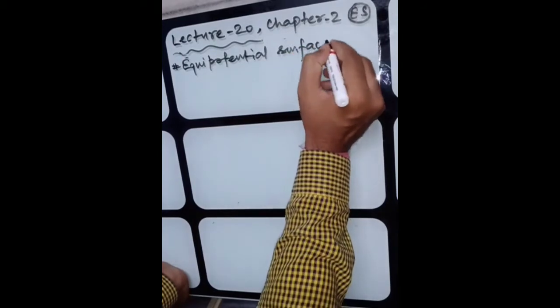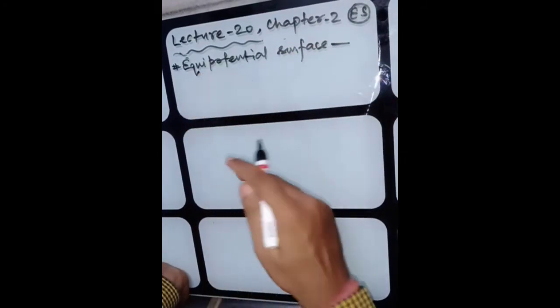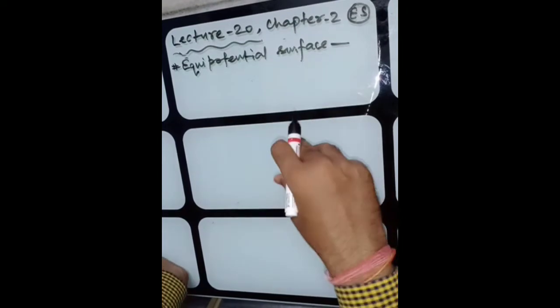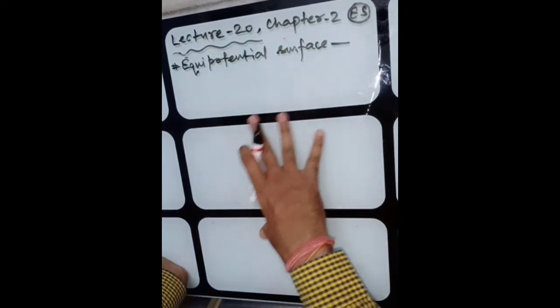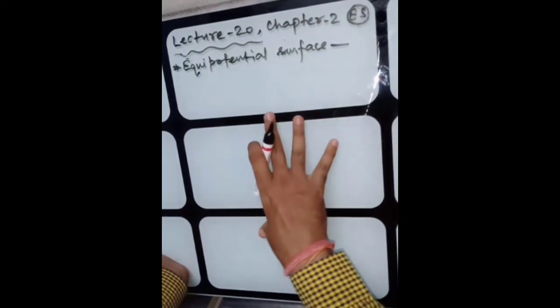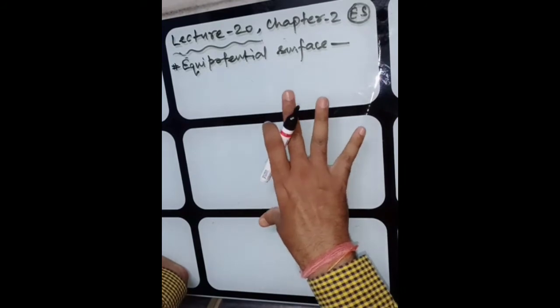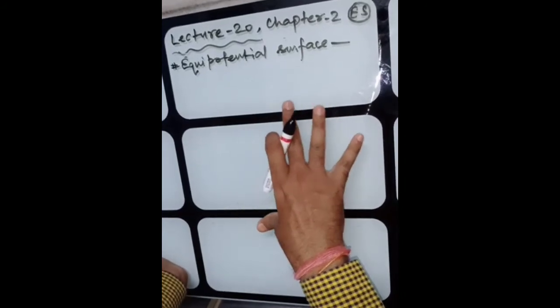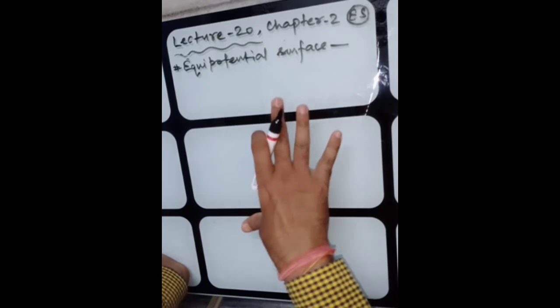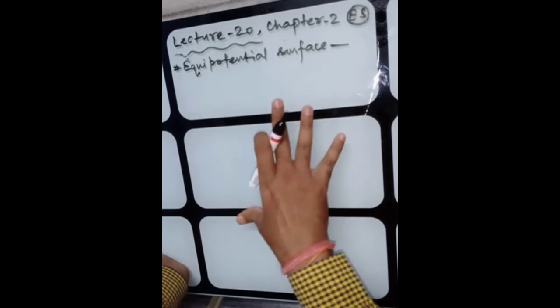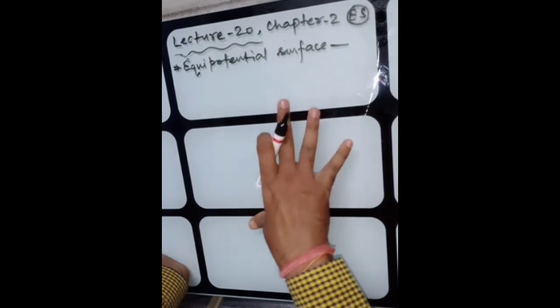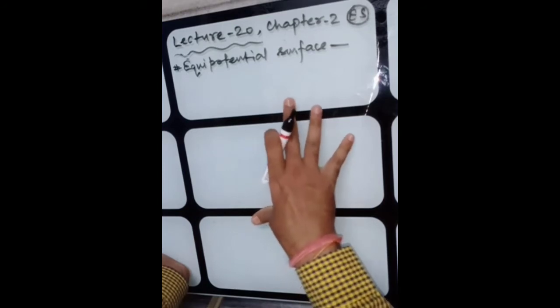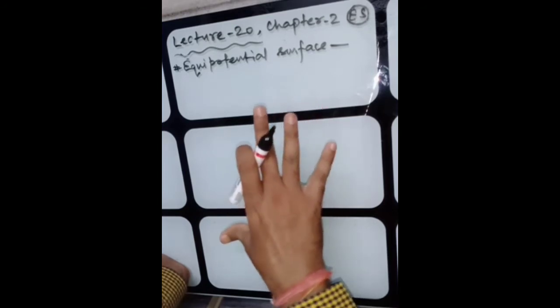Remember students, as I have told you a number of times, I'm not solving too many questions here for your practice because we don't have sufficient time. My lecture is hardly 30 minutes. So you must practice the assignments I have given in the group.